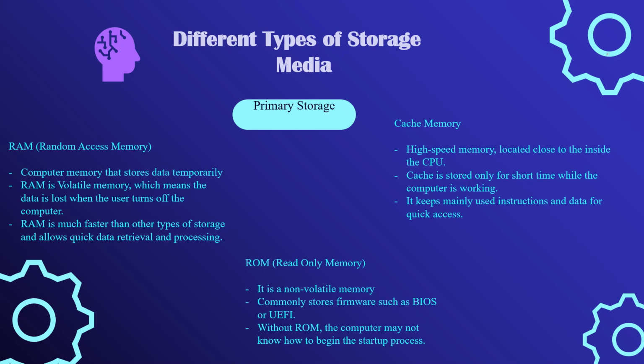Without ROM, your computer wouldn't even know how to begin the startup process. Finally, we have cache memory, which we touched on earlier. It sits extremely close to the CPU and stores instructions and data that are used most often, so the processor can access them almost instantly without waiting for slower memory.